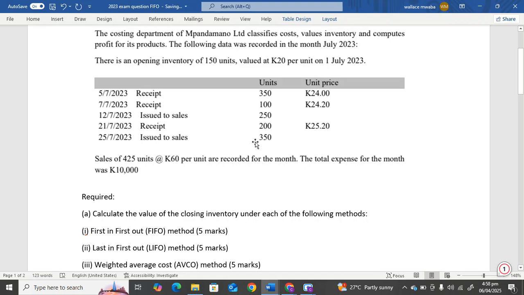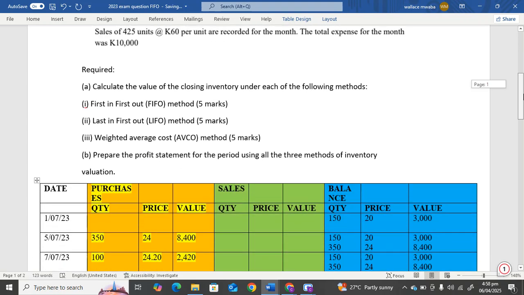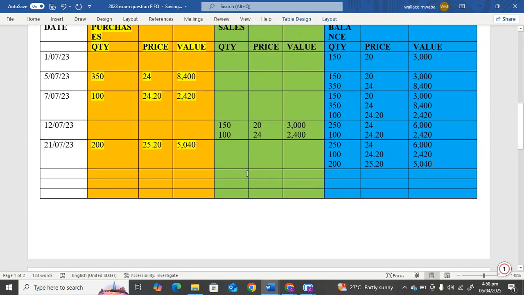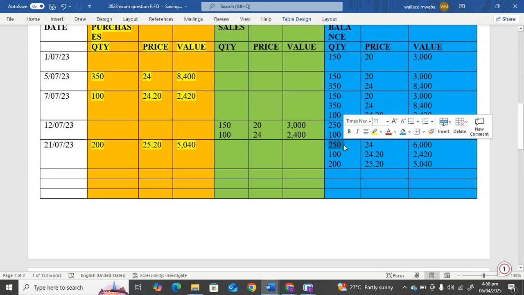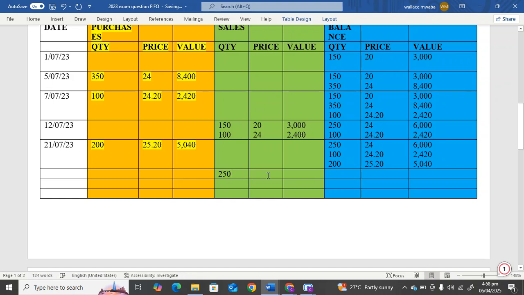Then issued to sales 350 units. So the first 250 go, this 250 times 24, 6,000. Then the 100 at 24.20, 2,420, which makes a total of 350 goods issued to sales.